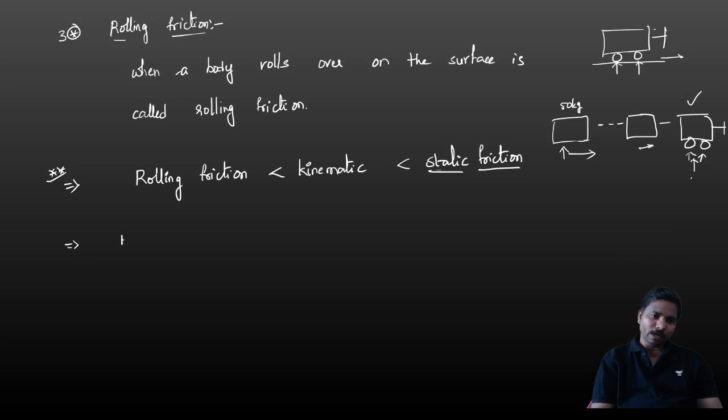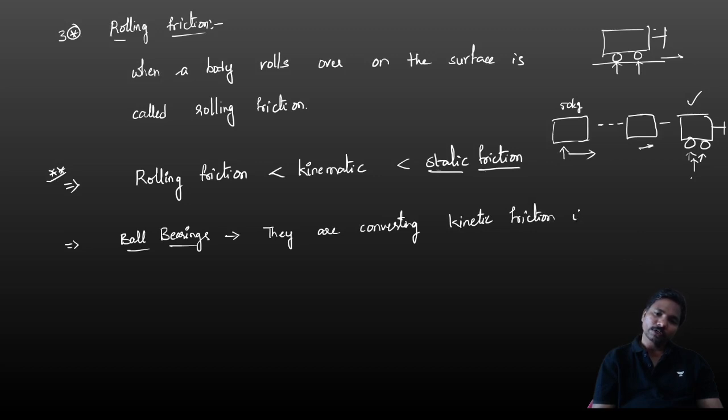And we are using ball bearings, correct? Ball bearings in case of cycles or motorcycles and so many others. Okay, here what are ball bearings doing? They are converting kinetic friction into rolling friction.